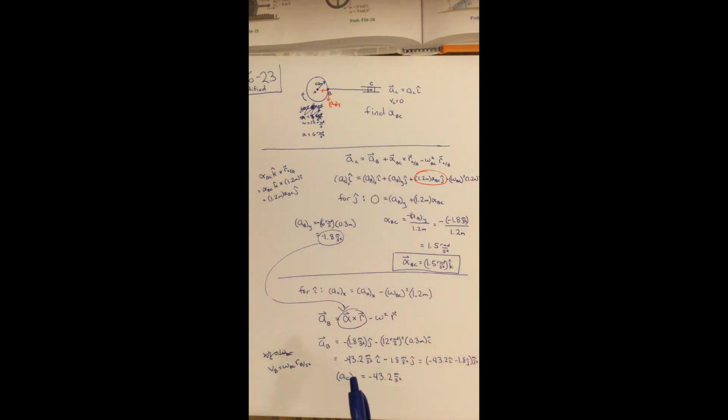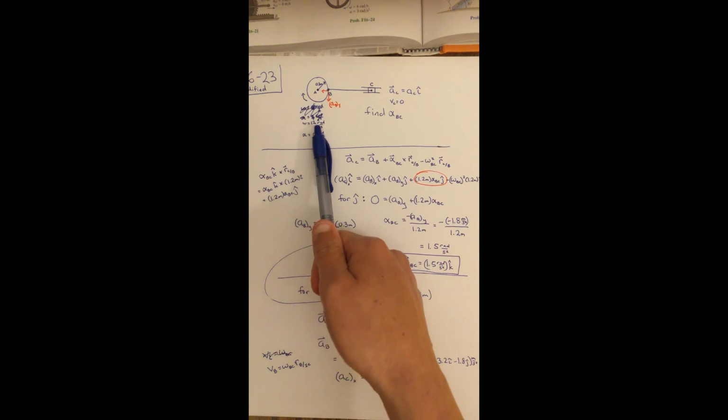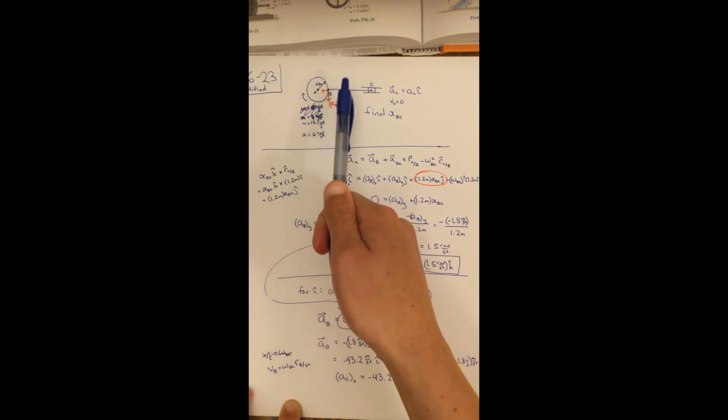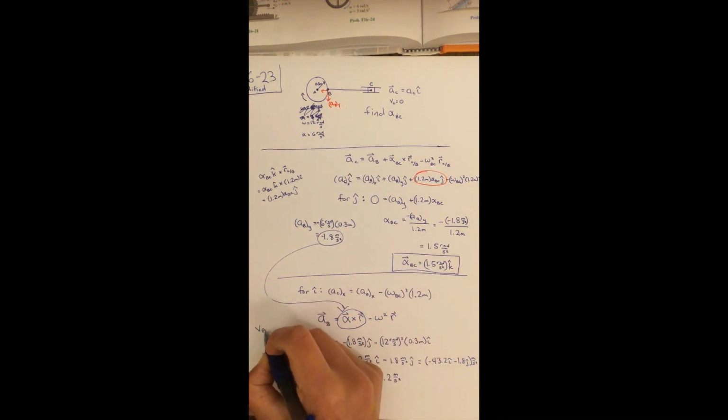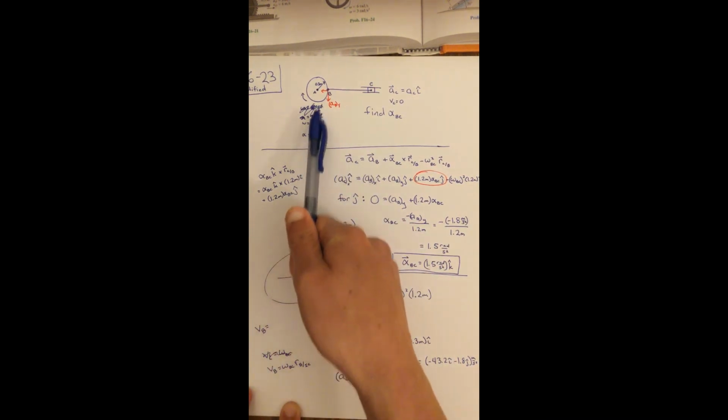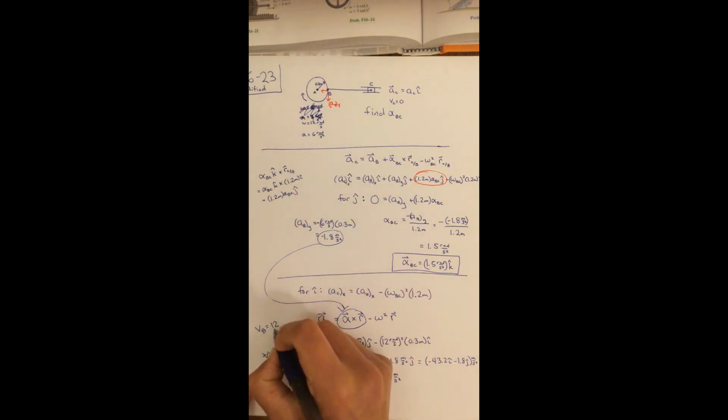I don't think I found it, but I could find it because they gave me the 12 radians per second here. So if this is a point on the outside of the wheel, that is equal to the angular velocity times the radius. So that's 12 times 0.3.